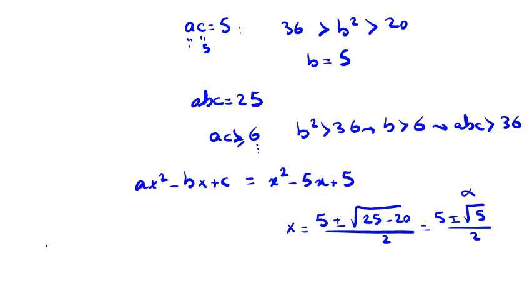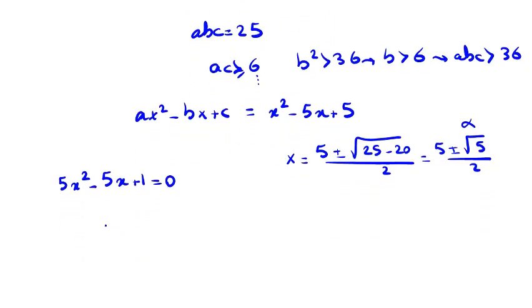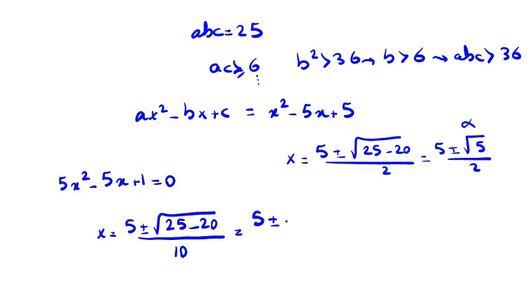If we consider a is 5, 5x squared minus 5x plus 1 equals 0, let's check this case. Then x is 5 plus or minus the square root of 25 minus 4ac, which is minus 20, over 2a, which is 10. It will be 5 plus or minus root 5 over 10.